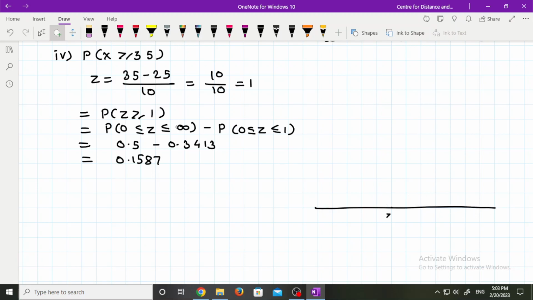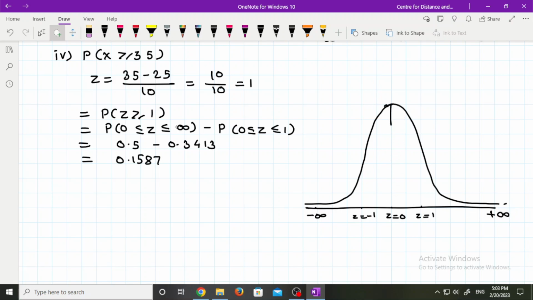Our z is equal to 0, this is our z is equal to 1, this is z is equal to minus 1. This is our minus infinity, this is plus infinity. Our center z is equal to 0.